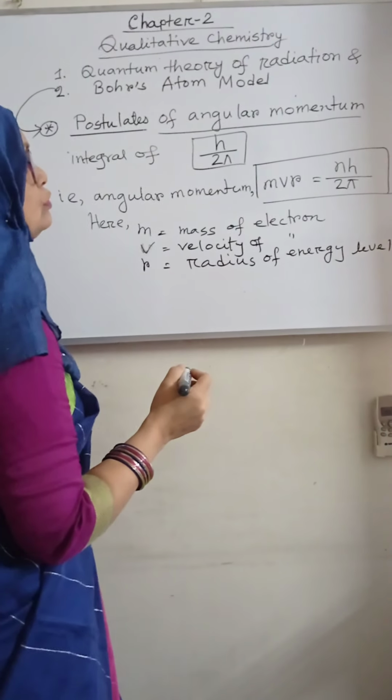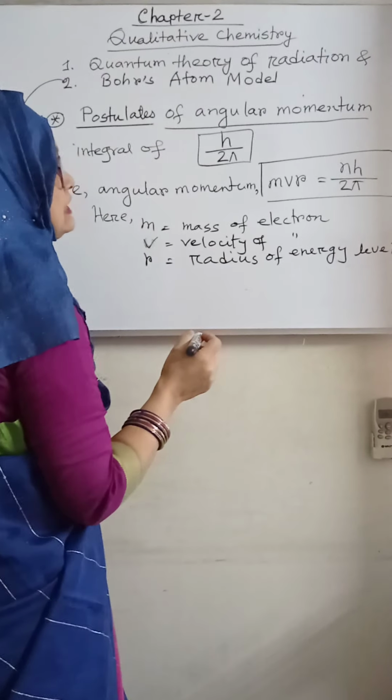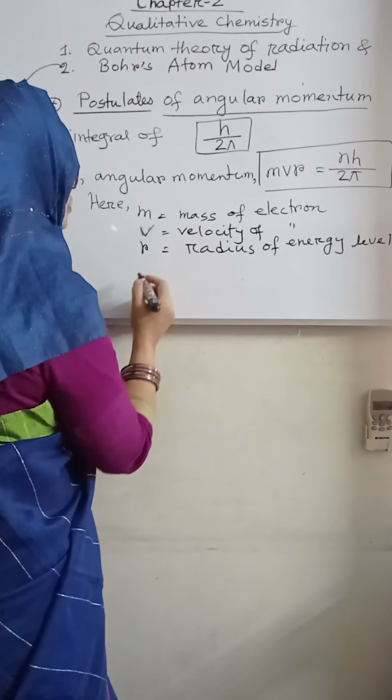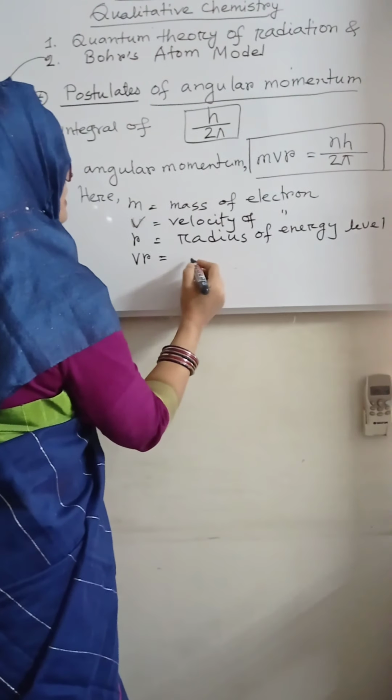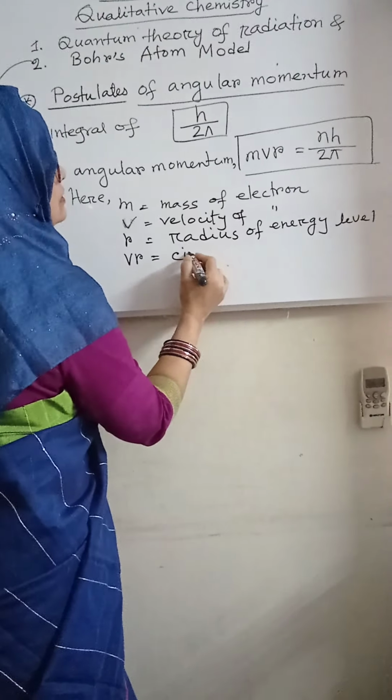And you know electrons move in a circular way, so v equals circular velocity.